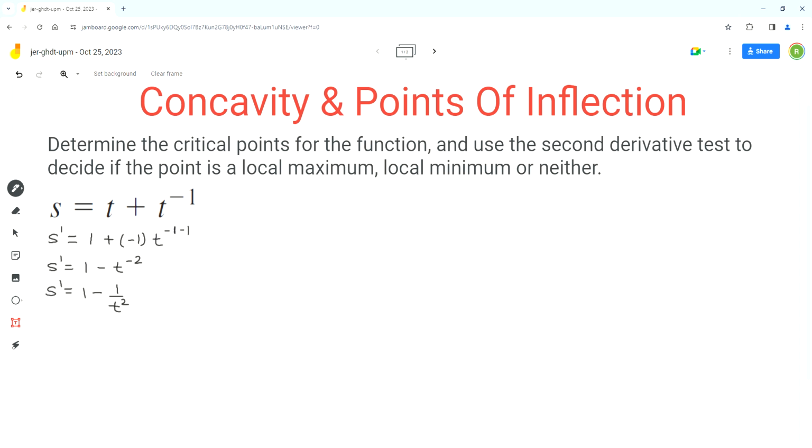Now we can set this derivative equal to 0. So we can sub in 0 on the left side. And now we have to solve for t. So we can move -1 over t squared to the left side of the equation, and that will make this term positive.